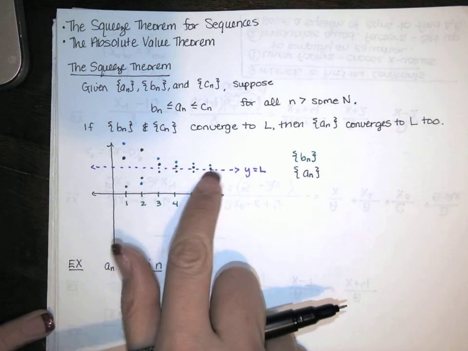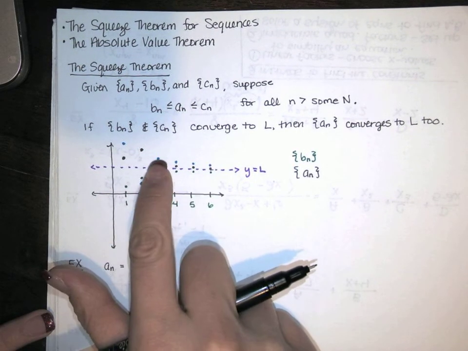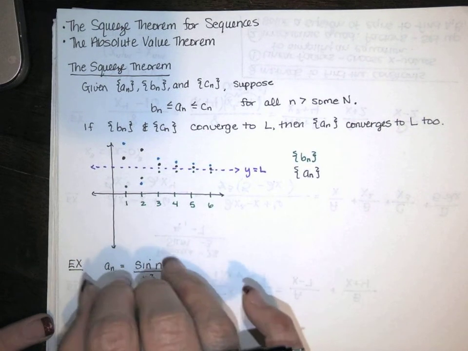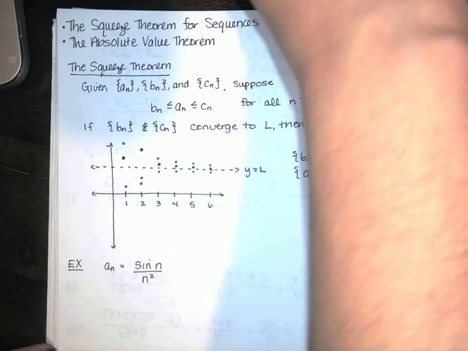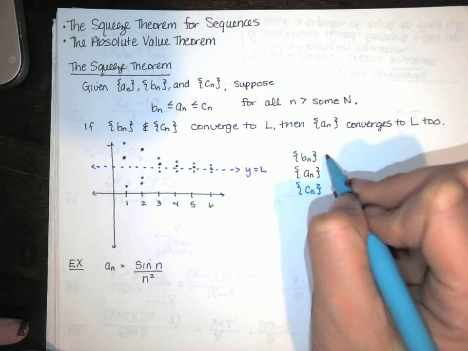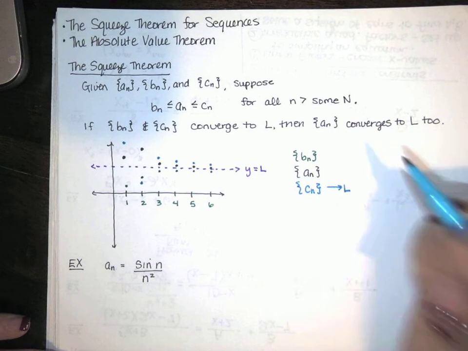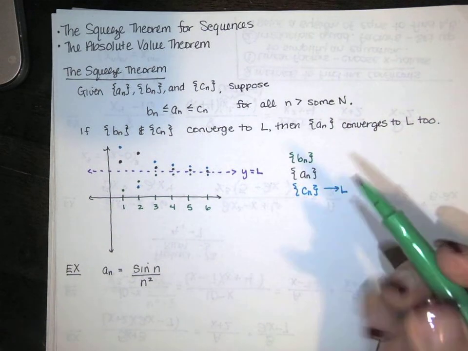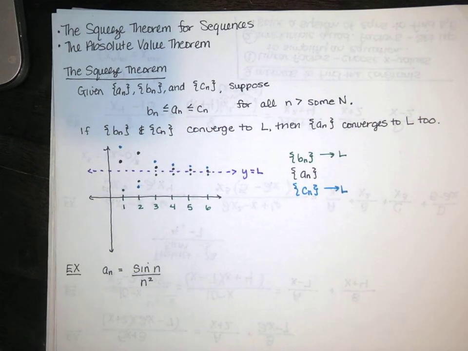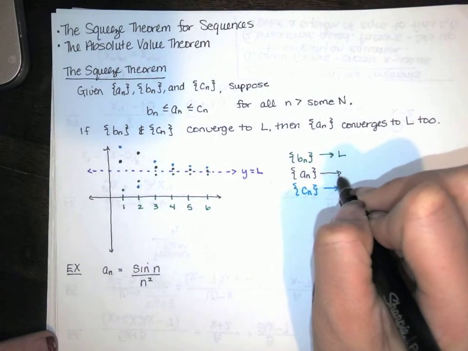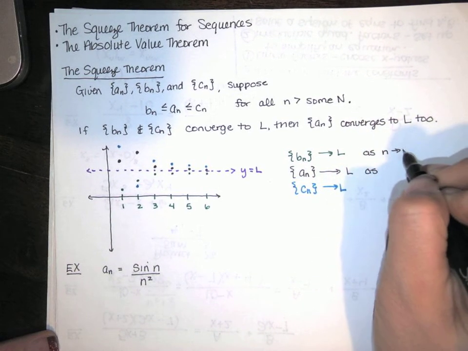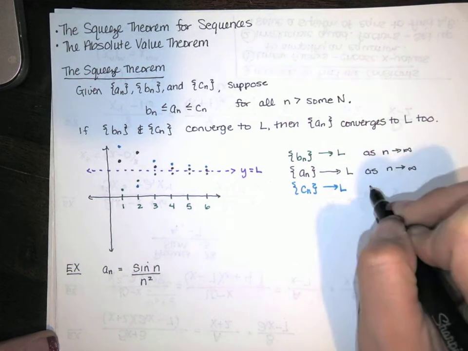Well, if the blue sequence is approaching L and the green sequence is approaching L, and this black sequence, the one represented by the black dots, is squeezed in between them, then I think it makes sense that A sub n has to go to L as well. And all of these are as n goes to infinity by the squeeze theorem.